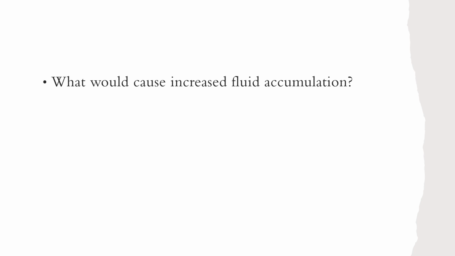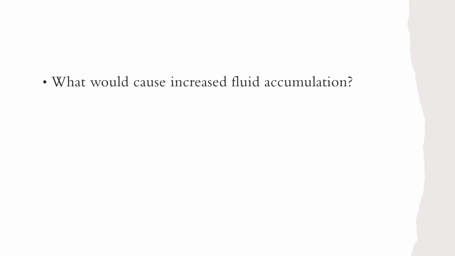And that water is going to be staying in our interstitial space because remember that water attracts to the protein or albumin. So if we have a deficiency or a lower pressure or lower albumin, we're not going to have that attraction of water to the vascular space, and we're going to have the water maintained in our interstitial space where we really don't want it to be, which in turn is going to cause increased fluid accumulation in your pleural space.